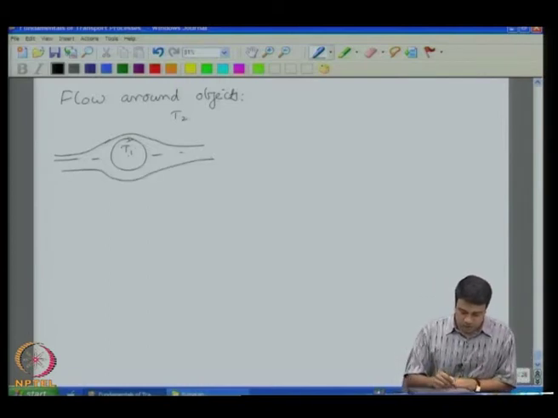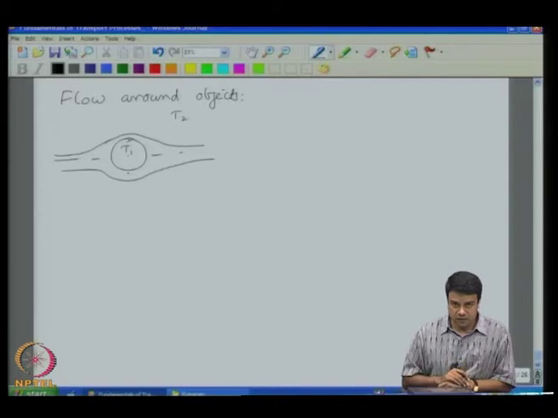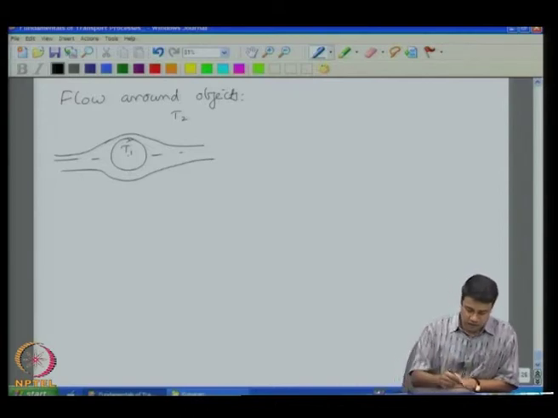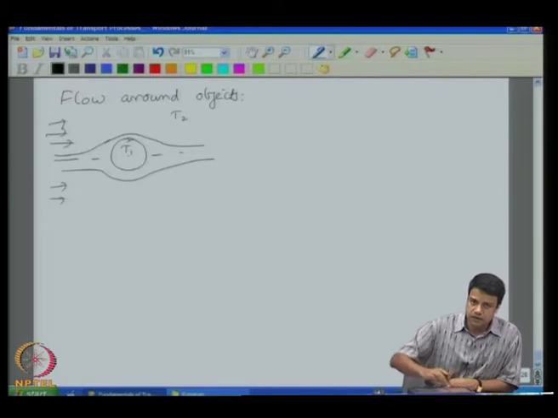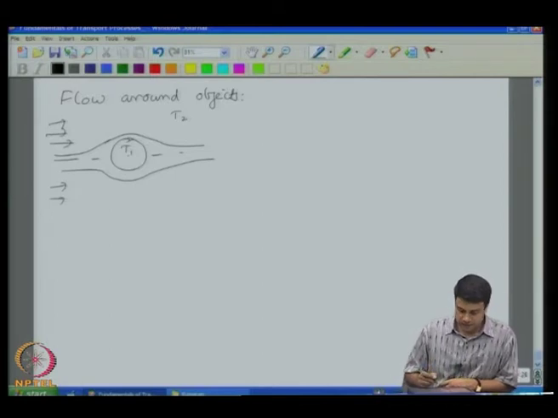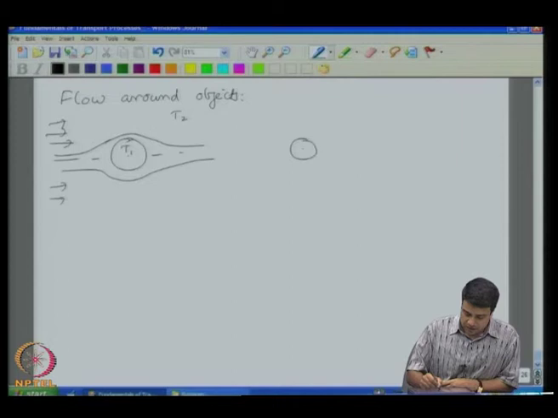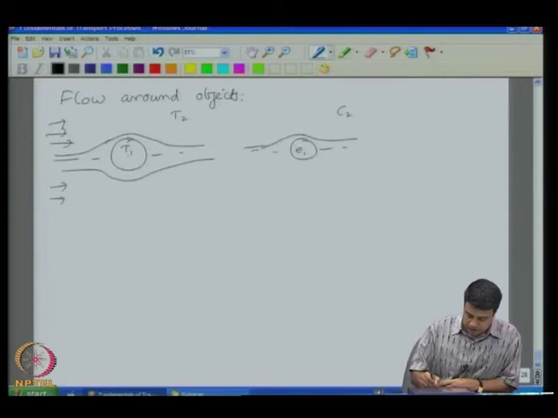You want to know the average flux either going into this object or coming out of it as a function of the temperature difference and the velocity. We usually use the velocity far away from the object, because obviously the velocity is going to change as it comes near and flows around the object. The equivalent mass transfer problem has concentrations C1 and C2, with a flow around this object.